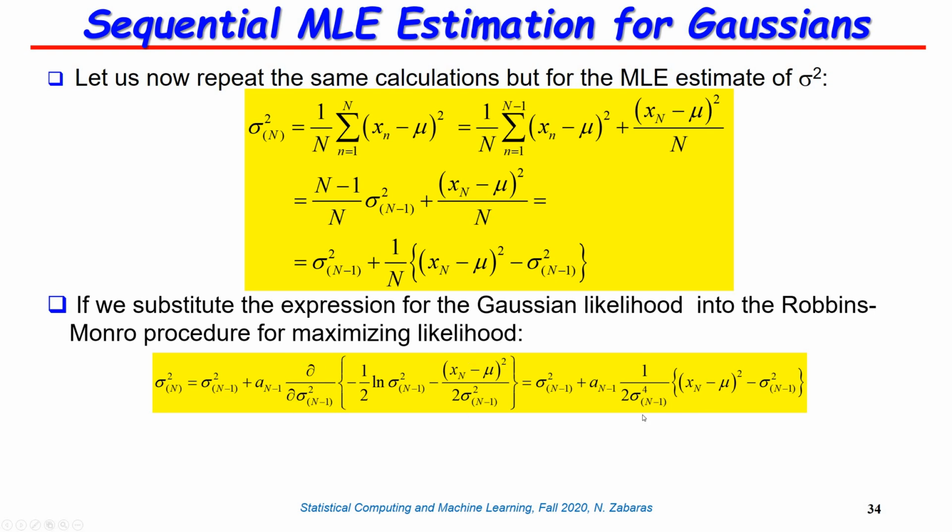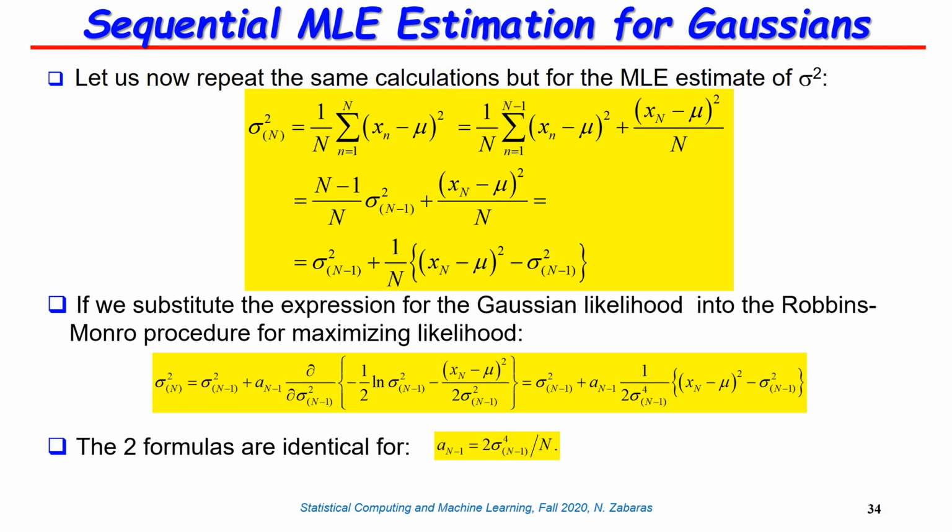So when you compute this, this is what you get, and somehow it looks very, very close to the analytical form. As a matter of fact, you can make the two formulas identical by using, in the Robbins-Monro algorithm, a learning rate a_{n-1} equal to 2 sigma to the power 4 divided by n.